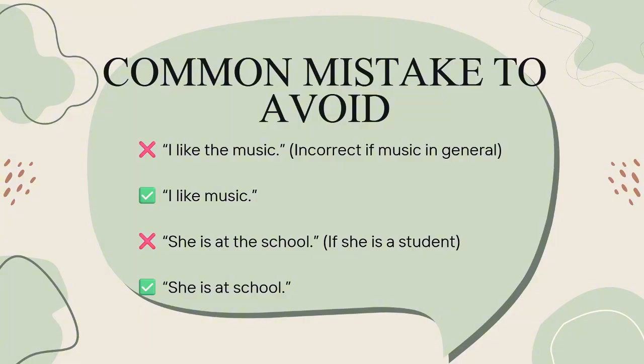If you want to say she is at the school, you need to determine which school it is, for example, she is at the school near my house. That gives us a reason to use "the". If we give this answer to someone, she is at the school, that's incorrect when we are talking in general. So the correct option is she is at school.